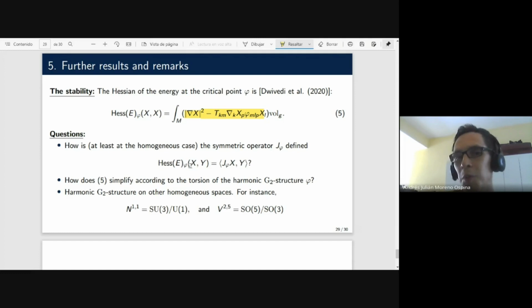So one question could be to try to do the same thing that you did for the case of Einstein metrics. How to describe this operator on the homogeneous case? Perhaps it could be simpler than the general operator, because you have these tensors here on the equation.